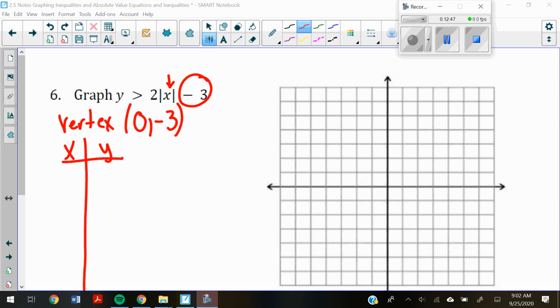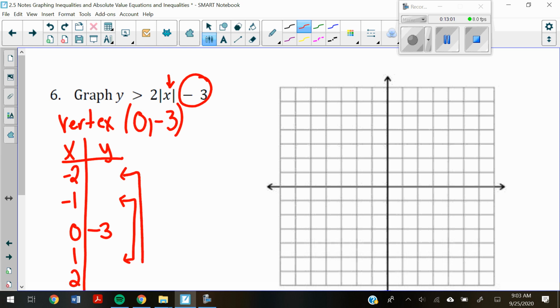All right, so for my table, I'm going to pick -2, -1, 0, 1, and 2 because my vertex is here. So these ones should be the same, and these ones will be the same. I'm just going to plug in my -2 and my -1. It's really not much difference in this case.